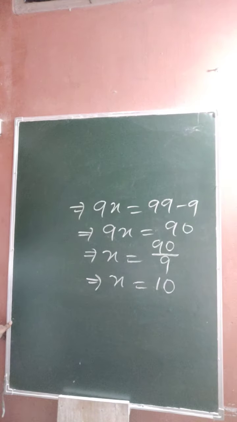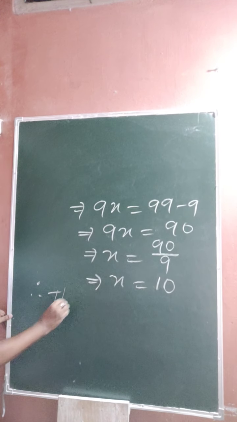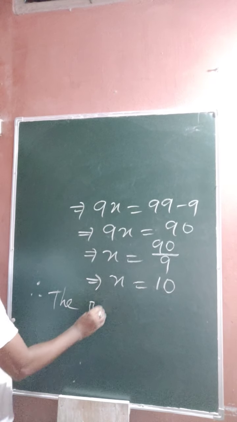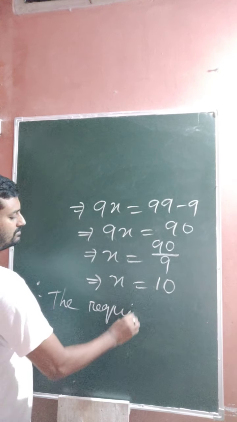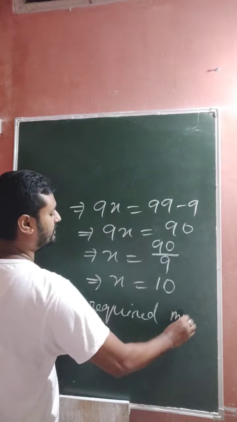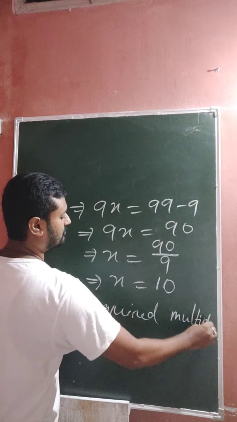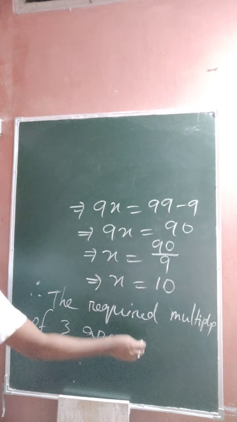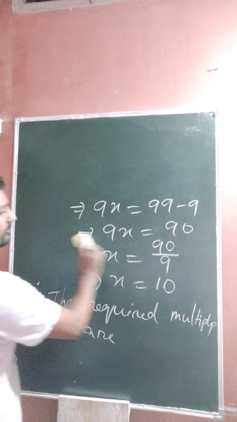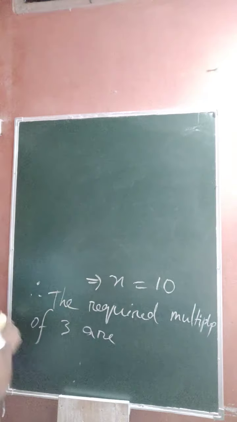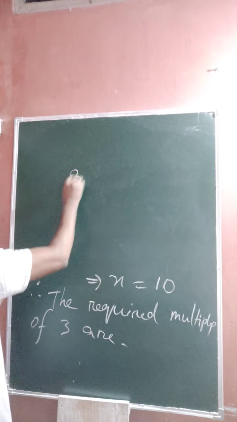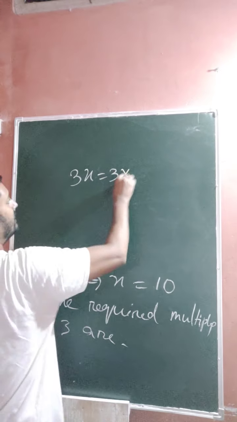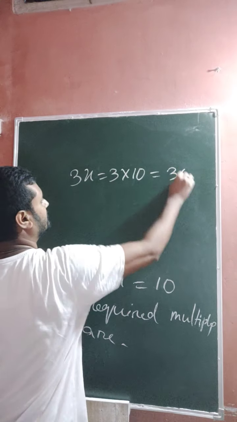Okay, so therefore the required multiples of 3 are, so first one is what? 3x. I'm writing above here. 3x, that means 3 into 10, it becomes 30.